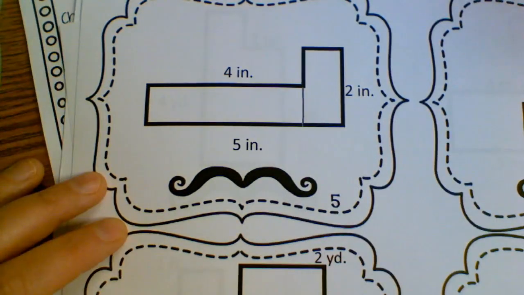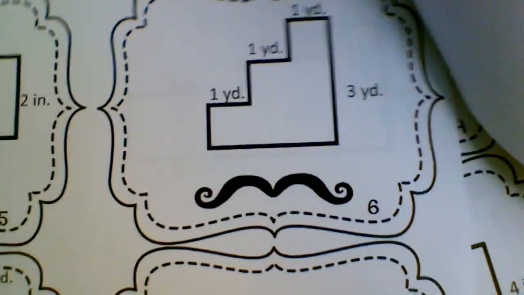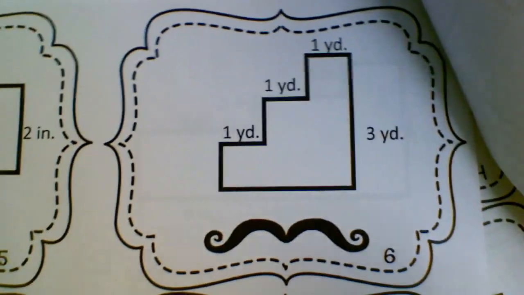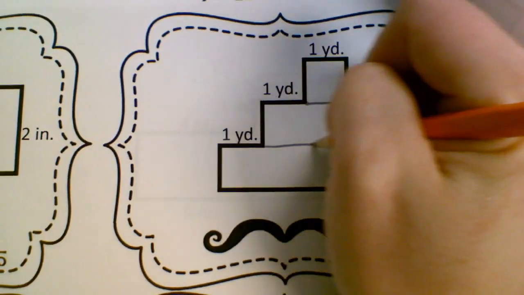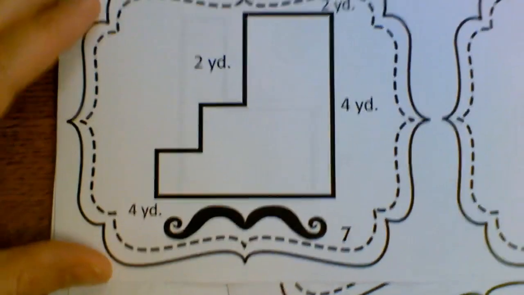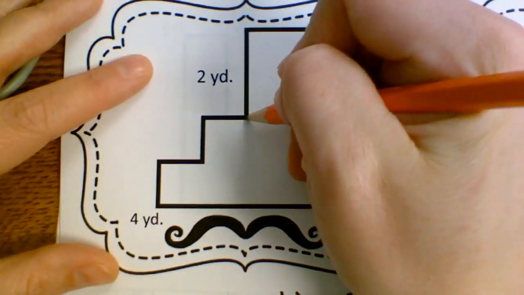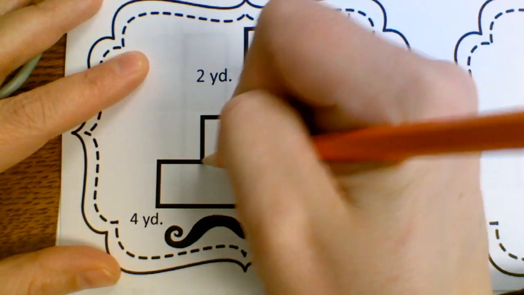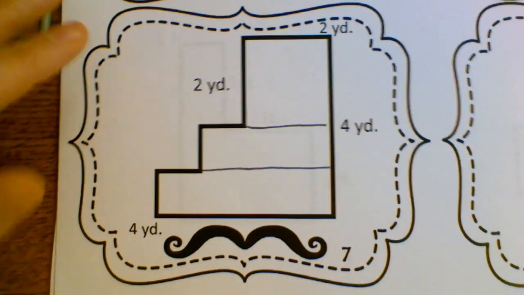divide them into 2 separate shapes, I would say that one. For this one, I would suggest you break it into 3 pieces. For number 7, I would suggest you also break it into 3 pieces.